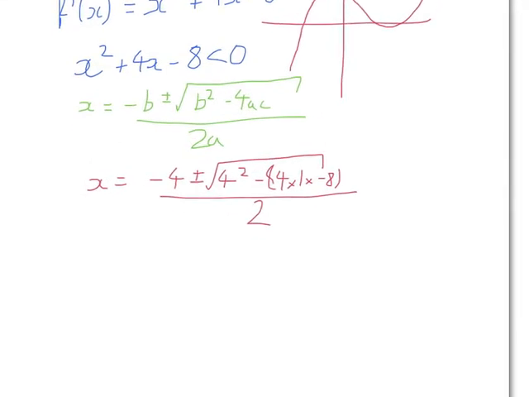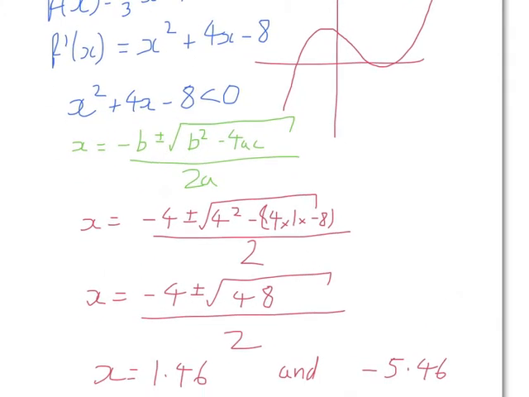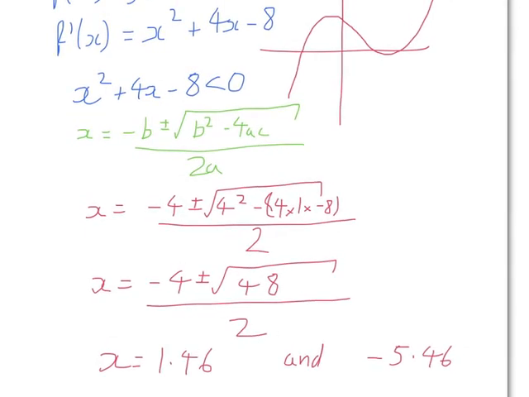If we sort out the bit in the square root, we end up with plus or minus the square root of 48, because 4 squared is 16, minus 4 times minus 8 is going to give us a positive 32, add that on, and we end up with 48, divided by 2. So our two solutions for x are 1.46 and minus 5.46.